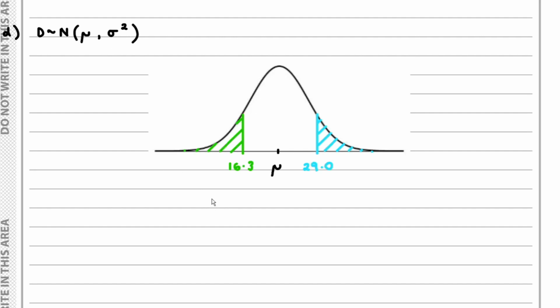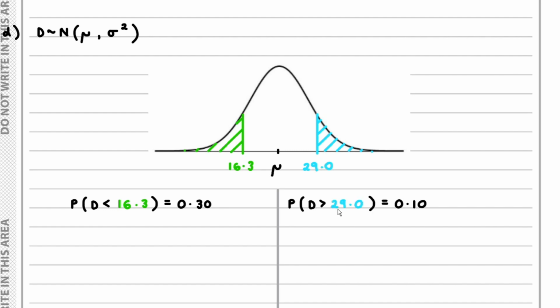So, what we know from the question is d is normally distributed with parameters mu and sigma squared. So if we create a normal distribution, we know from the question the probability that d is less than 16.3 is equal to 0.30, and the probability that d is greater than 29.0 is equal to 0.1. So let's convert these into z values.